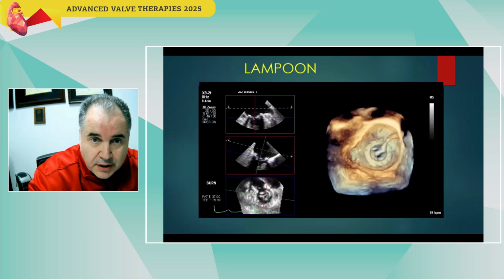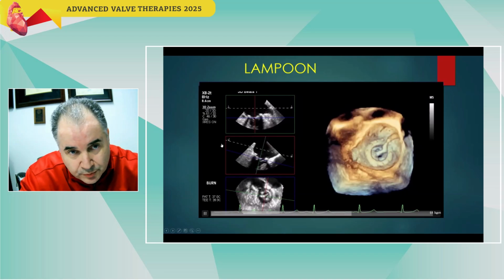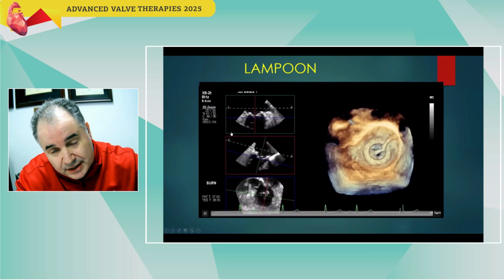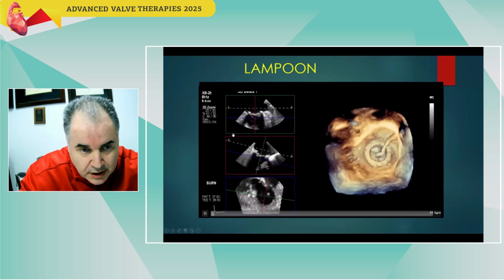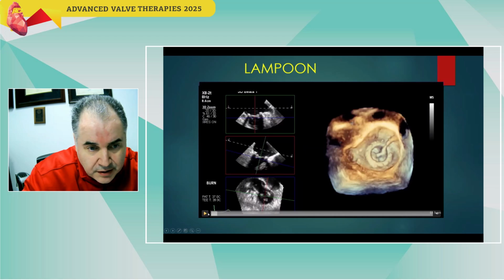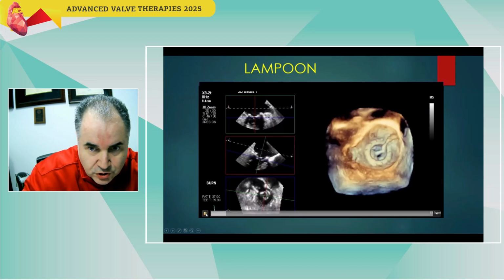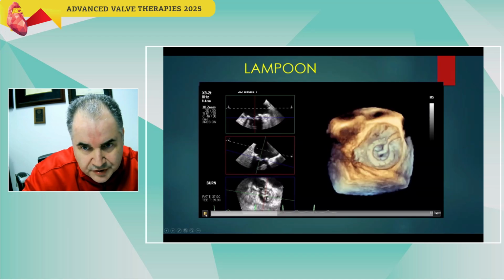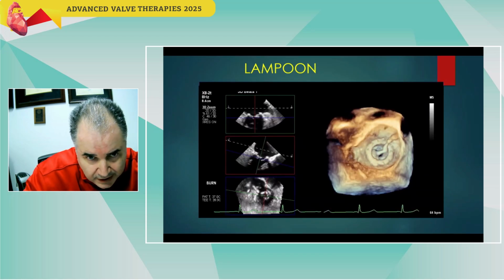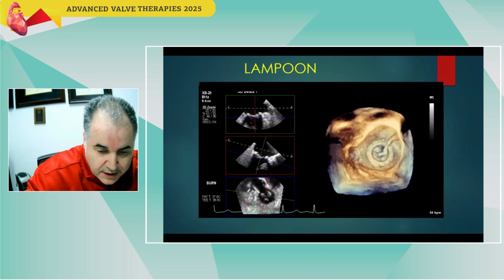But as I told you, cardiologists have a lot of discoveries. This is a LAMPOON procedure, laceration of the anterior mitral leaflet to prevent LVOT obstruction. I would like to say that the first of these procedures was done in Emory. As you can see here, it's very easy today with 3D to find the leaflet that corresponds to the anterior part of the mitral prosthesis, and this was not the one.